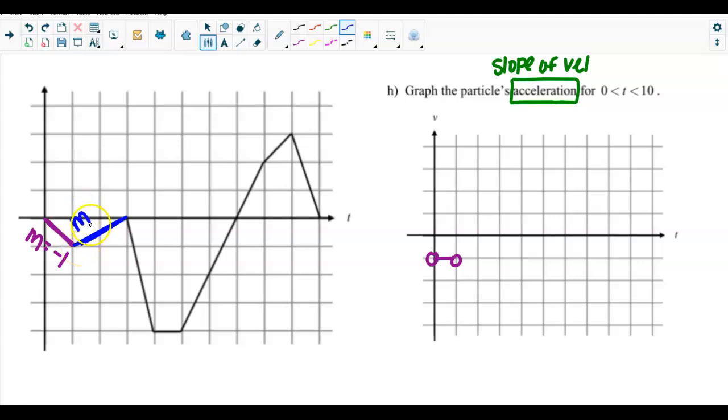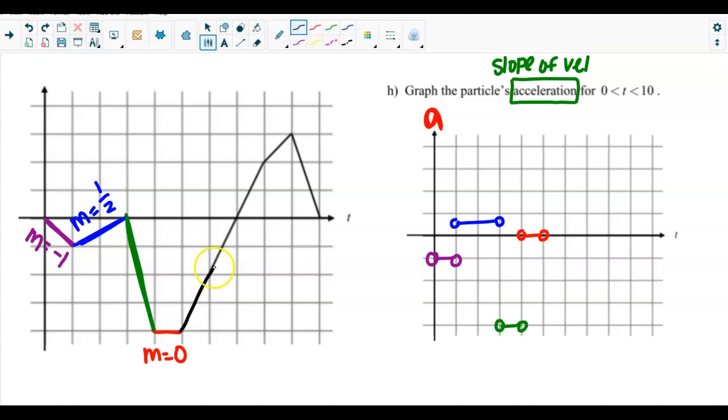All right, then we change to this segment right here. Well, this slope is 1/2. So from time of 1 to time of 3, we have a slope of 1/2. Now we have a slope of -4 from time of 3 to time of 4. We have a slope of 0. I'm going to change this to an A, not a V now.